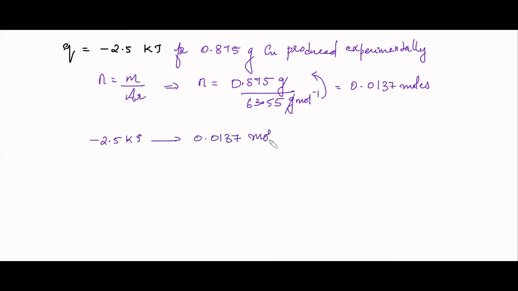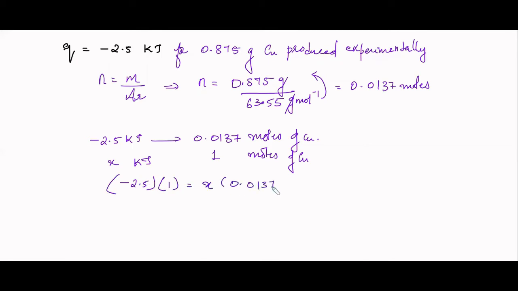I can rewrite it as minus 2.5 kilojoules of energy corresponds to 0.0137 moles of copper. Now, if I want to get it for 1 mole of copper, because as I said before, enthalpy has to be calculated for 1 mole of the substance, not for any quantity that we utilize in the experiment. So for 1 mole of copper, let's take this as x kilojoules. Solving for x through cross multiplication, minus 2.5 times 1 is equal to x times 0.0137.